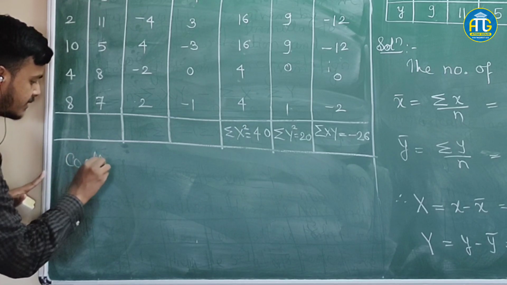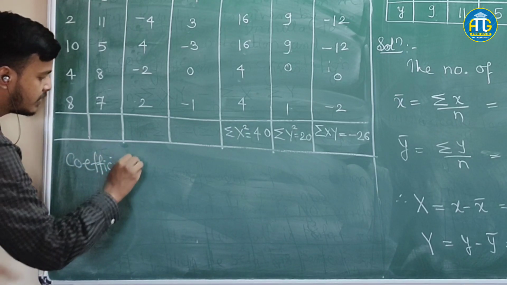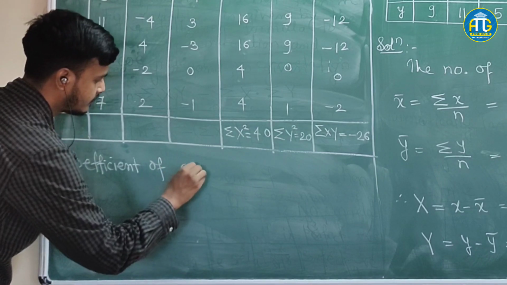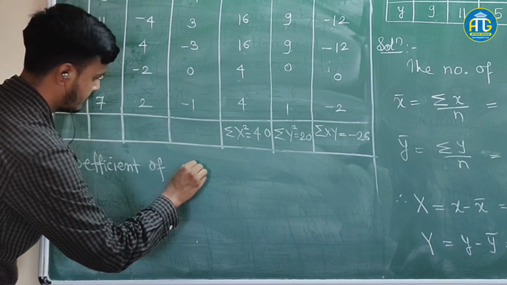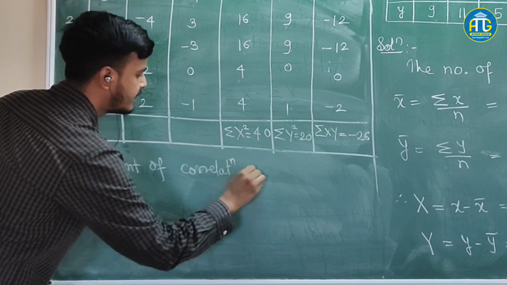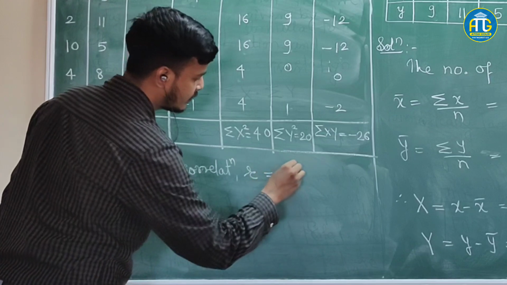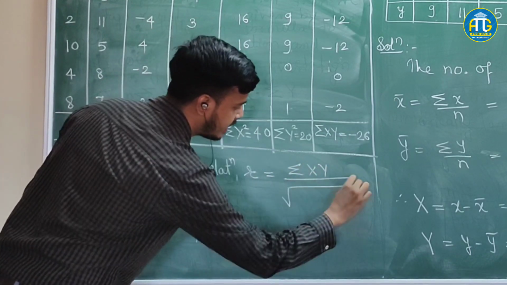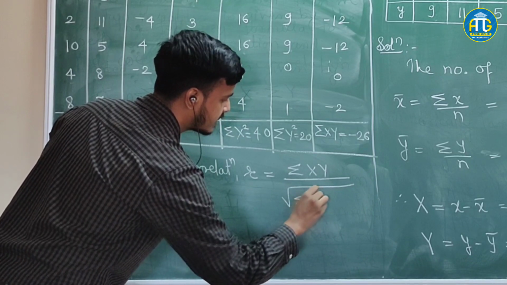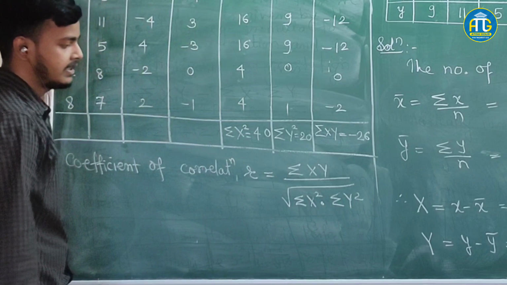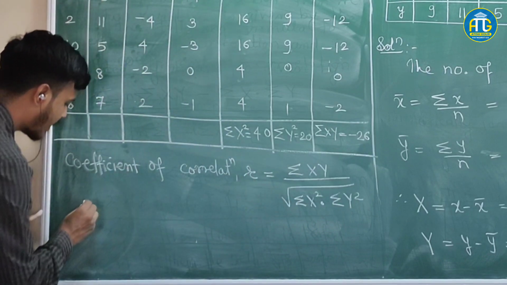You can write here: coefficient of correlation, which we denote by R, is equal to summation XY upon the square root of summation X square into summation Y square. Easy. Now substitute these values.